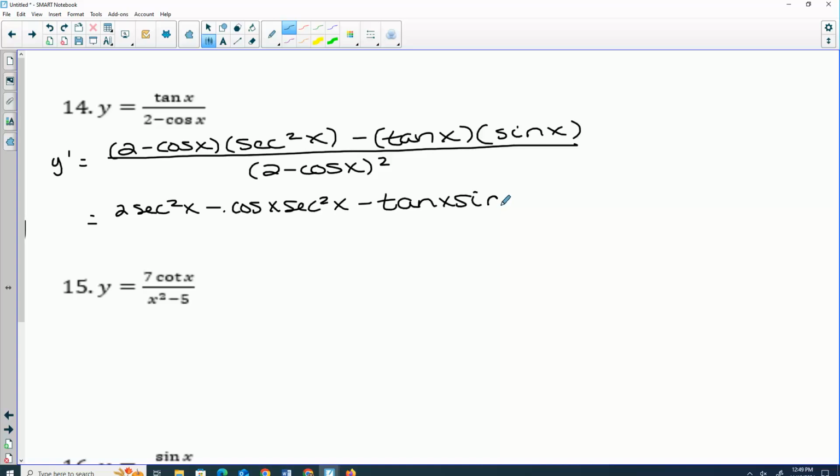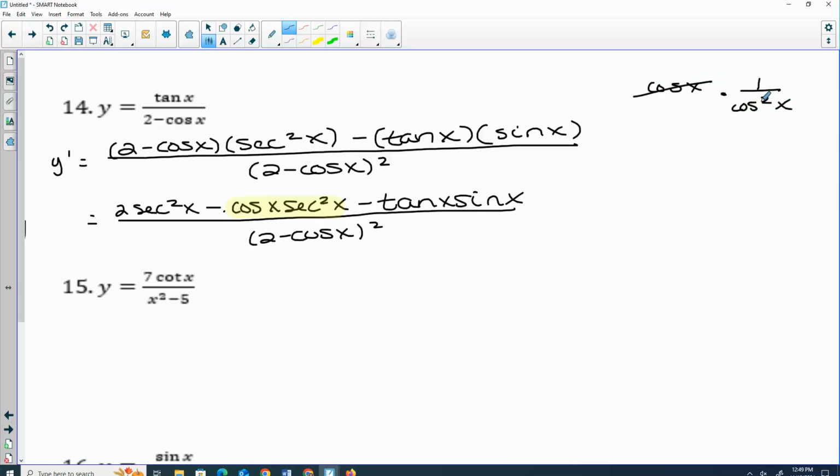Okay, so is everybody okay here? Are you okay with me? I would accept this. The only term I did differently was this middle one. We have cosine times, what is secant? 1 over cosine.